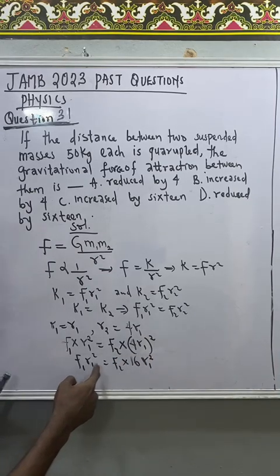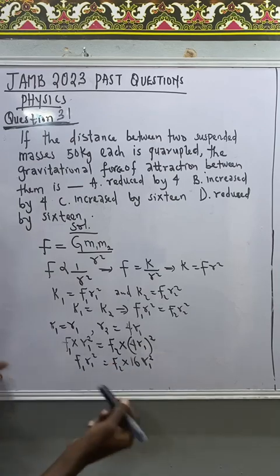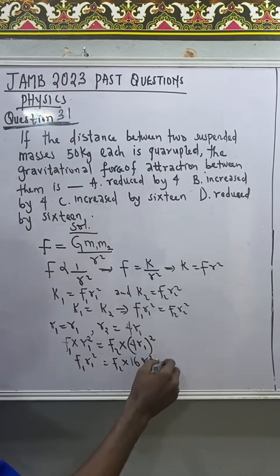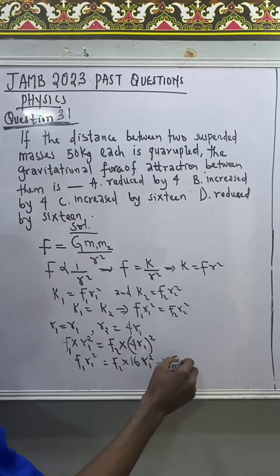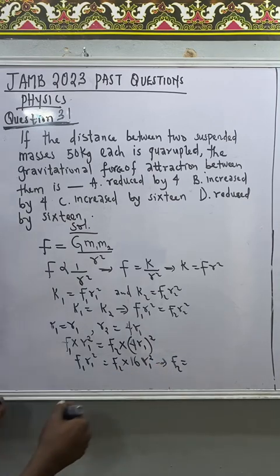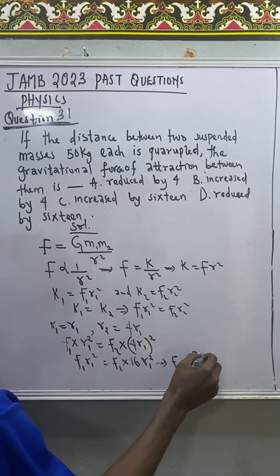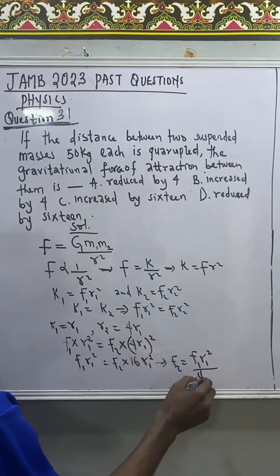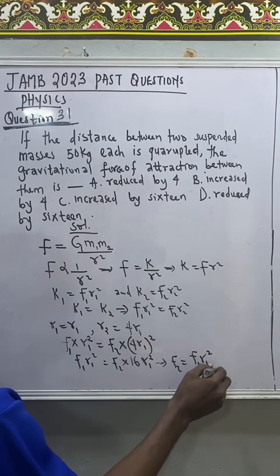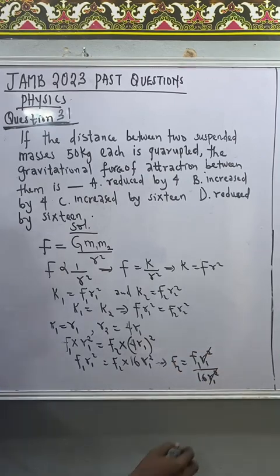You can see that R1 squared exists, so we should make F2 the subject of formula. F2 will be equal to, if I divide both sides by 16 R1 squared, F1 R1 squared all over 16 R1 squared. R1 squared cancels R1 squared.